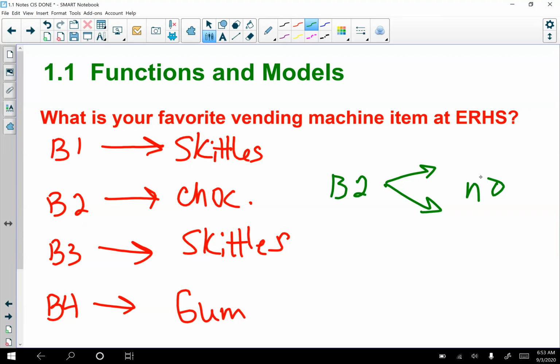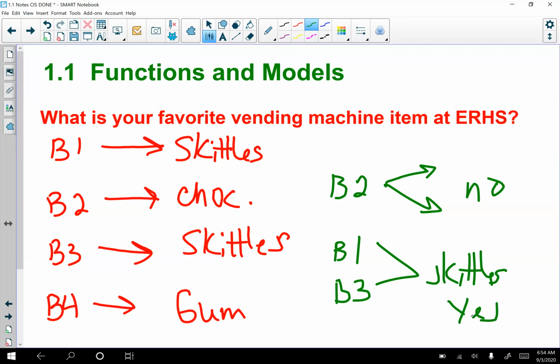You couldn't get Skittles and chocolate. But B1 and B3 could put out the same output, as you see here it does. And that would get you Skittles. So that would be a yes.